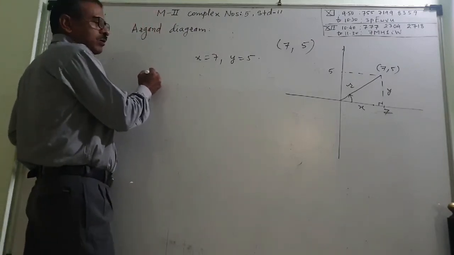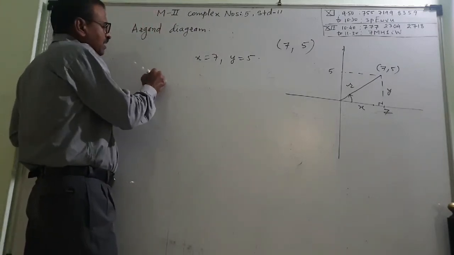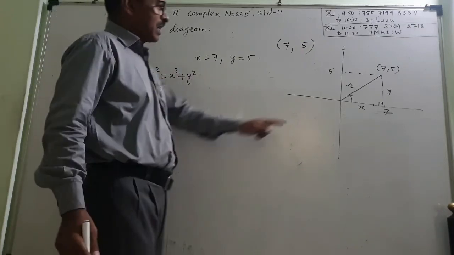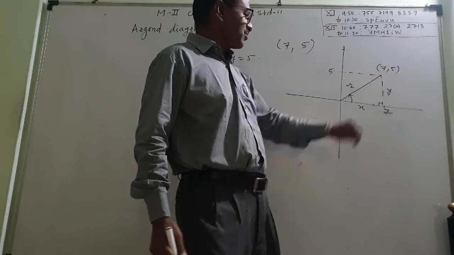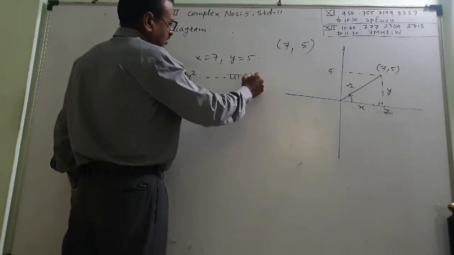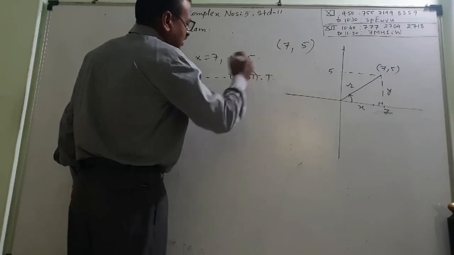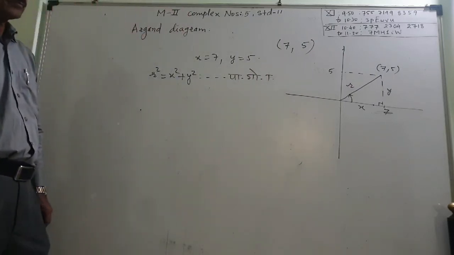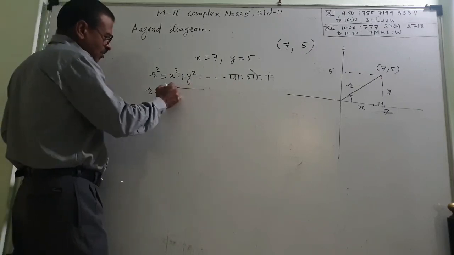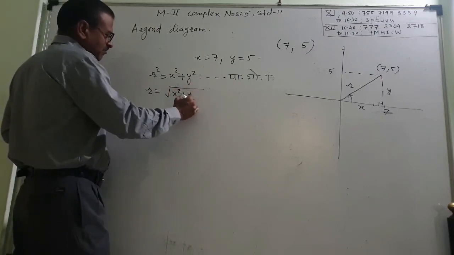So r square is equal to x square plus y square. What is this? This is Pagoti, Pagoti means Pythagoras theorem. Therefore, r is equal to under root of x square plus y square.